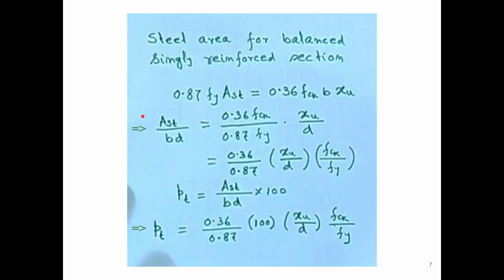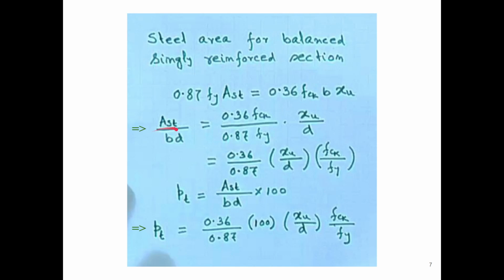Now the steel area for balanced singly reinforced section. For this we equate the forces at the tension and compression side. Therefore 0.87 Fy Ast equal to 0.36 fck b xu. Again we divide and multiply by d, and take b and d to this side.